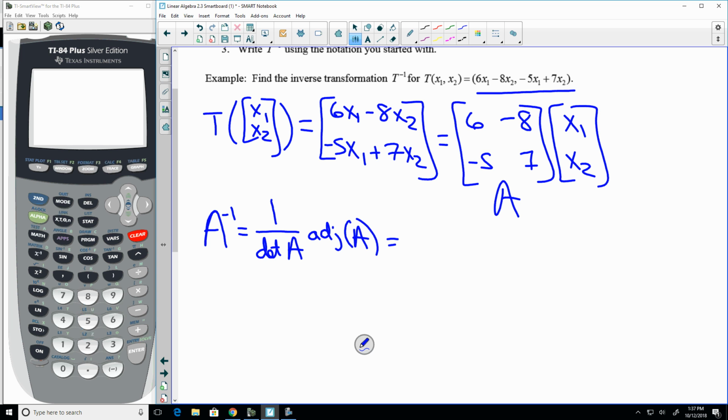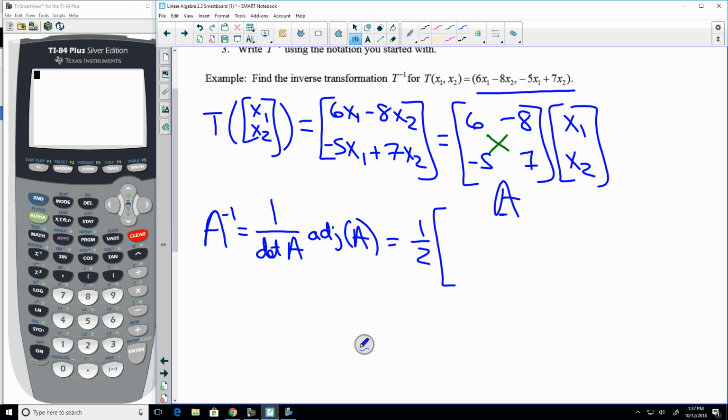So what's the determinant? It's 42 minus 40, right? Negative 8 times negative 5 is 40. So it's 42 minus 40. So the determinant is 2. So it's going to be 1/2.